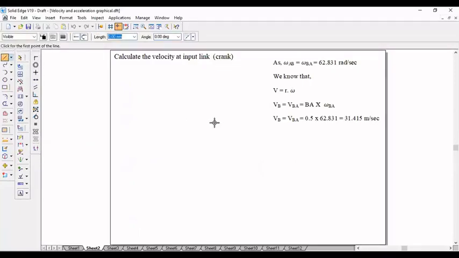What is the crank length they have given? The crank length is 0.5 meter. When you are doing it manually, you use a scale in centimeters, so let me convert that into centimeters. That is 500 centimeters.